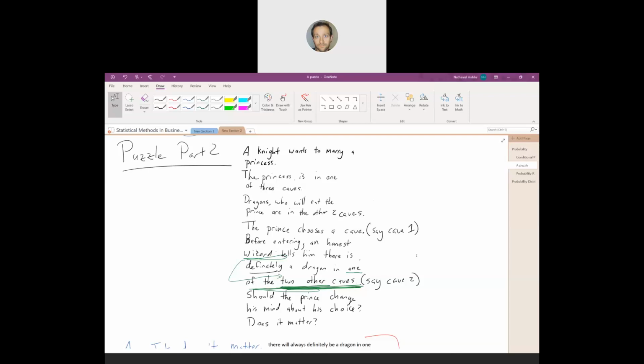The last class we spent a while going through this. Without the wizard, the prince has a 1/3 chance of being correct. With the wizard, the prince is given a choice to continue on the cave that he first chose or to change his mind and go to the cave that the wizard did not reveal anything about.